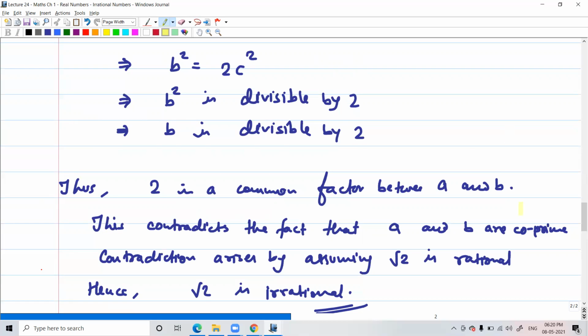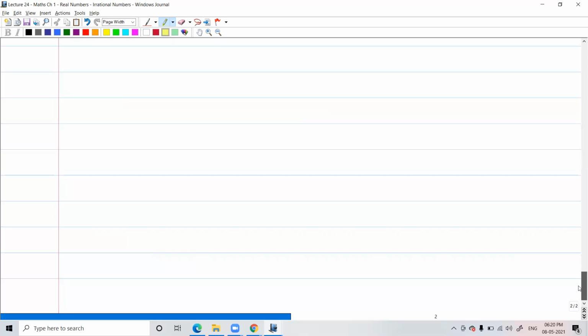There also we will be showing that they are co-primes. But here, when I was trying to prove that root 2 is irrational, we saw that all these numbers have 2 as a common factor. But for some other question where you have to prove that root 3 is irrational, let's say, then by doing some calculation, we'll prove that 3 is a common factor between both of them. We'll take up more questions like that.